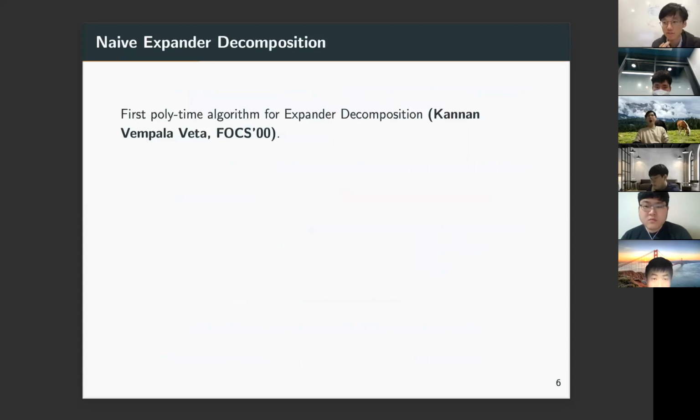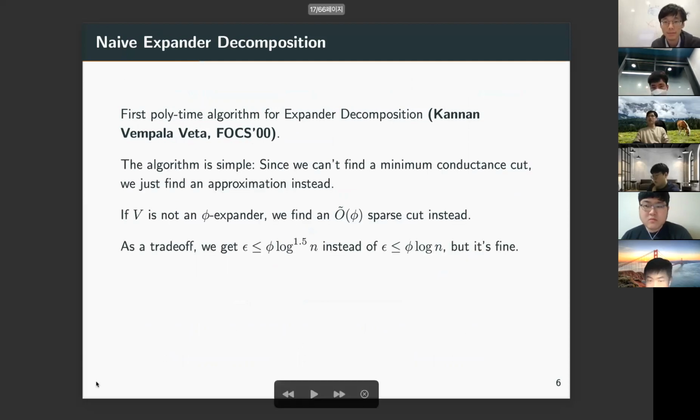So, going through some history. The first polynomial time algorithm for expander decomposition just finds an approximation of the minimum conductance cut. So if V is not a phi expander, you just find an order of square root phi sparse cut instead.